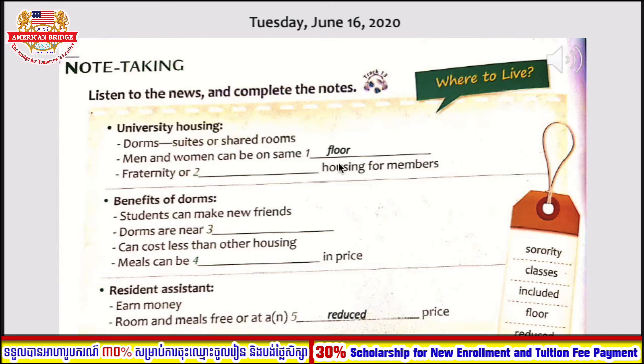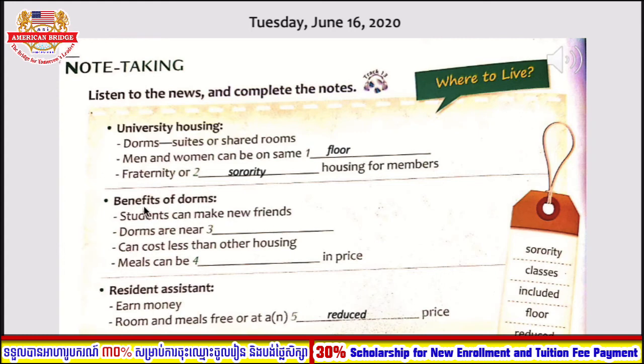Very good. Fraternity or sorority housing for members, because these are single-sex homes, which means if you are a man, you live only with men. If you are female, you live only with females.